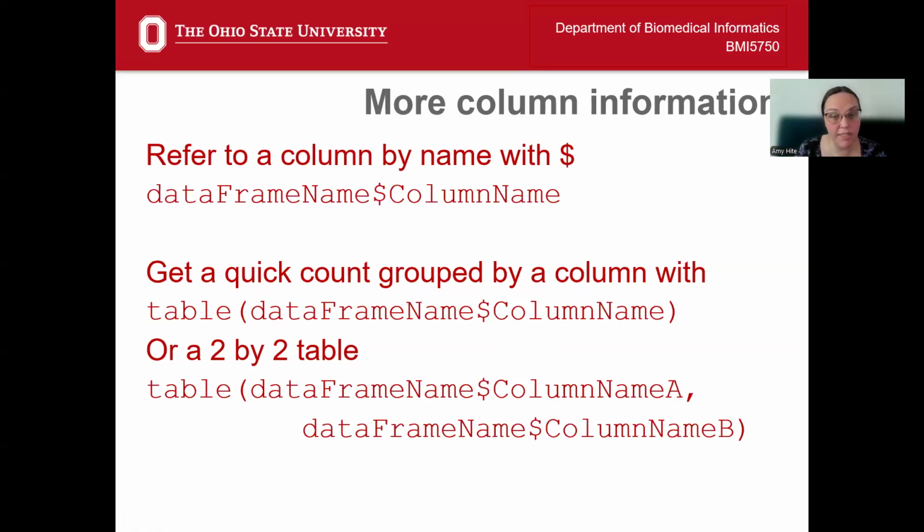It's a way of summarizing our data. You can do it on one column as our first example, or you can make a 2x2 table where the rows are going to be the values in column name A, and the columns in our 2x2 table will be the values in column name B. And then the values in our table are how many times that particular combination of A and B are seen together.